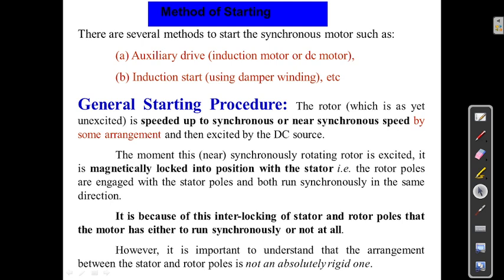The auxiliary drive is an induction motor or DC motor. The induction start uses a damper winding. Now the general starting procedure: the rotor, which is unexcited, is speeded up to synchronous or near synchronous speed by some arrangement and then excited by the DC source.